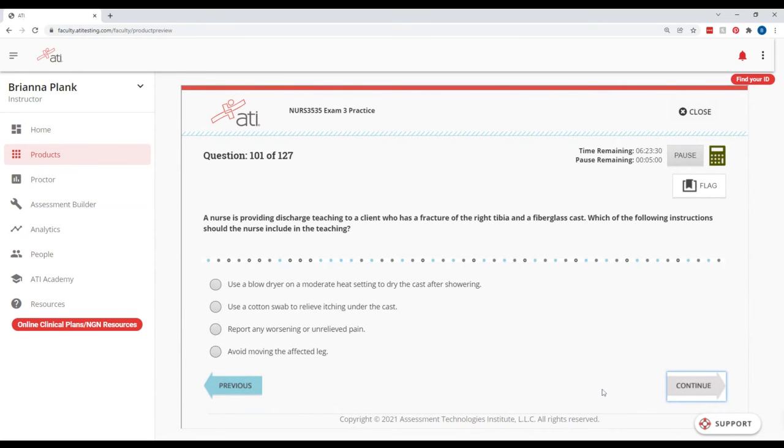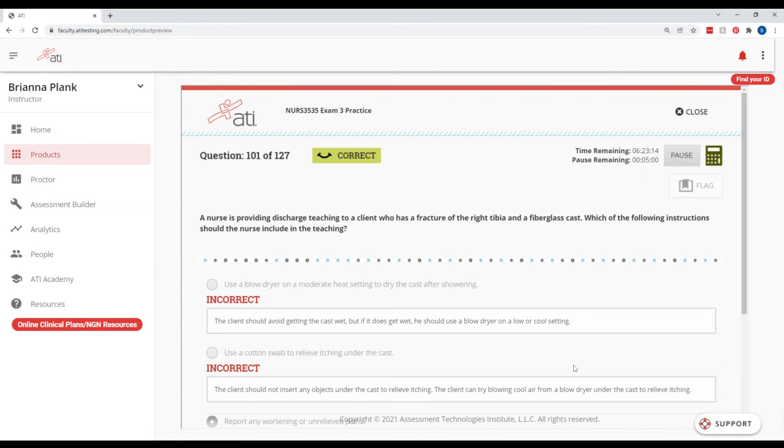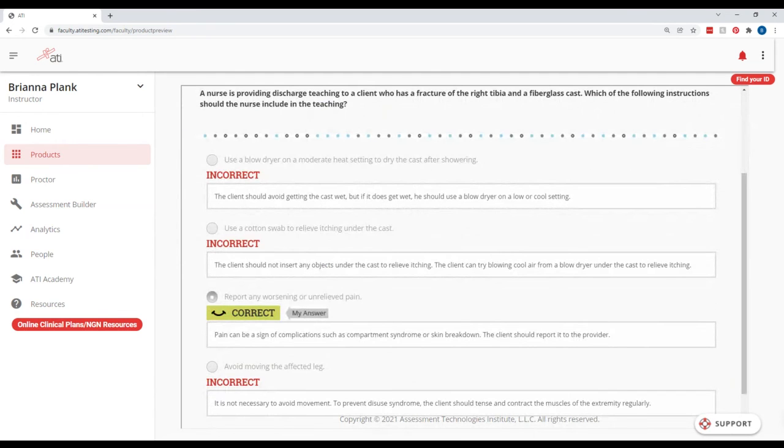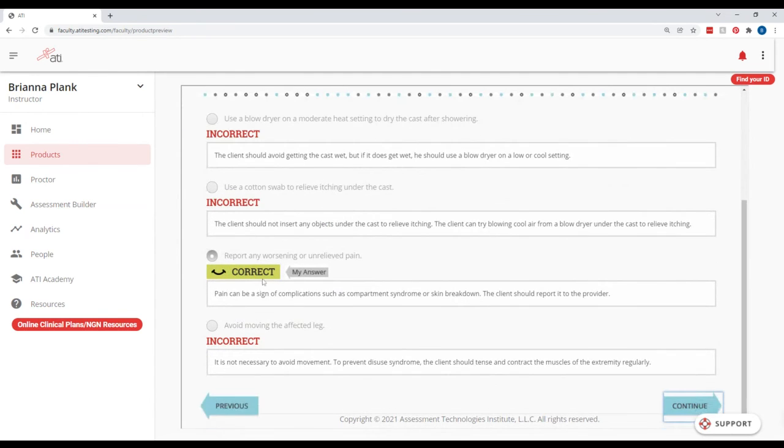We have a fiberglass cast. Any worsening or unrelieved pain? I'm gonna go with this. Just no. We don't want to put anything under the cast.